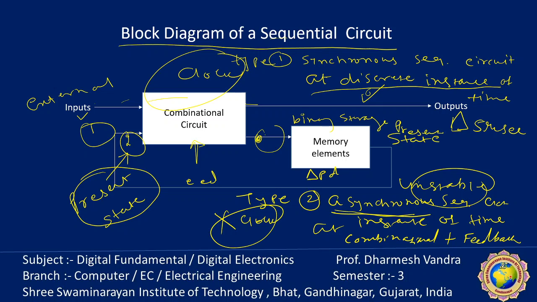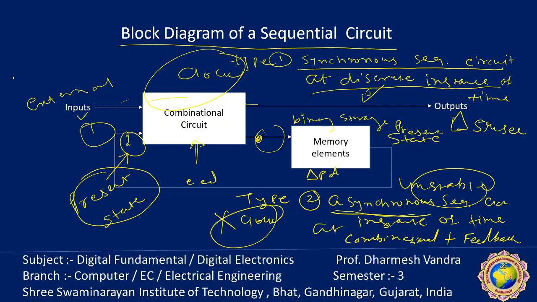While in type 1, the synchronous sequential circuit design, as per the definition, it must employ signals that affect the memory element only at discrete times. One way of achieving the goal is to use pulses of limited duration. It is known as a clock.